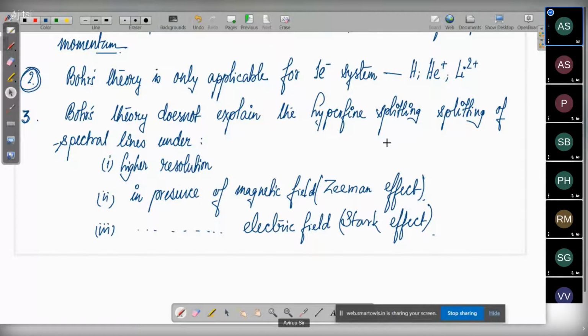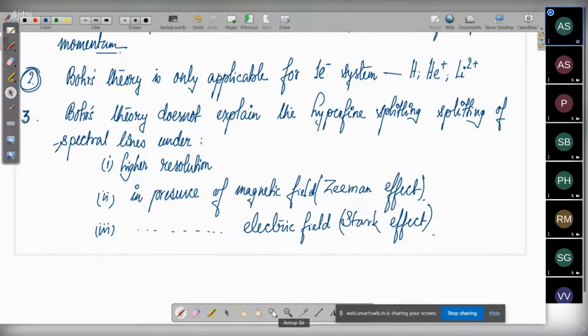So we have seen from Planck's theory that the spectral lines are discontinuous. They are not at all continuous. But even under that, we are seeing that even further smaller splittings are present in the spectral line. And when are they observed? When you observe them under higher resolution.